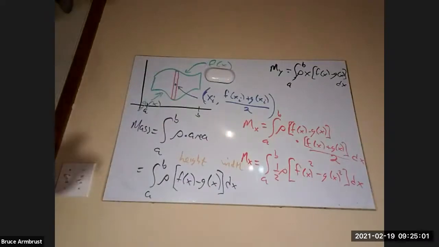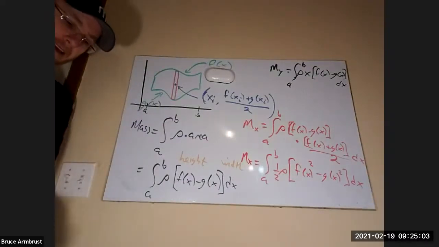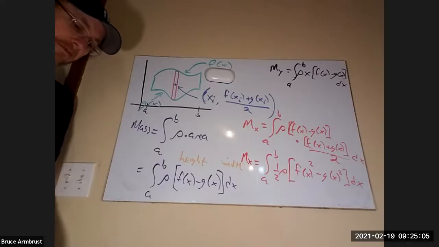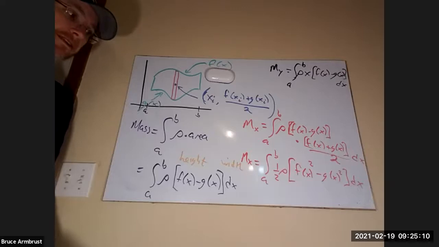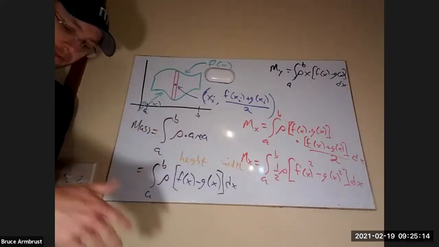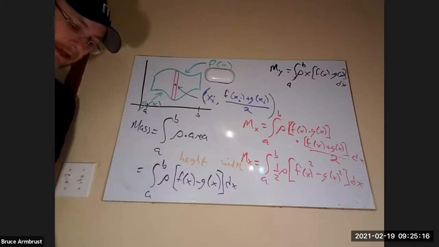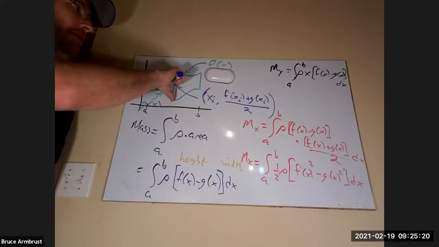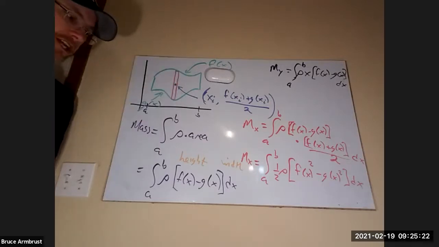That one definitely looks different than what we saw before, when it was just a function on top. But they're all derived exactly the same way. We're just using the fact that the strip is between f and g.